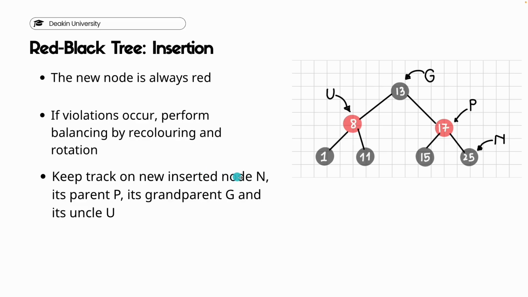First is the node n, the node that we just inserted into the red black tree, its parent p, the grandparent g, and the uncle u, as shown in this picture. So if we insert 25, its parent is 17, the grandparent is 13, and the uncle is 8. In the next section, I will show you some scenarios when we insert a node into a red black tree.